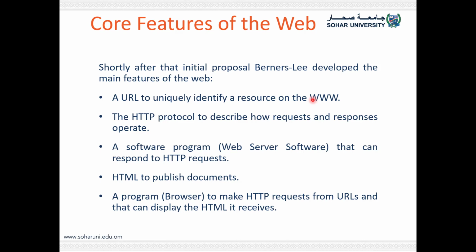After that, we can find in his proposal the main features of the web, which is very important to remember. It has 5 main components. The first one is URL, the second is HTTP, the third is a software program, which we now call a web server, then HTML to publish a document, and another program, the browser, to make requests to the server.